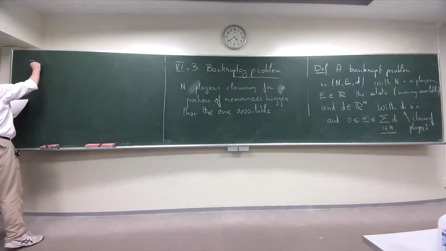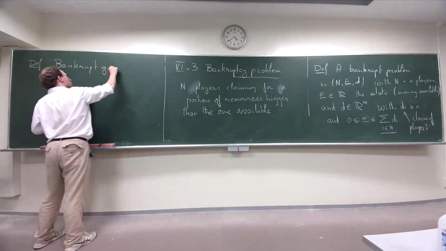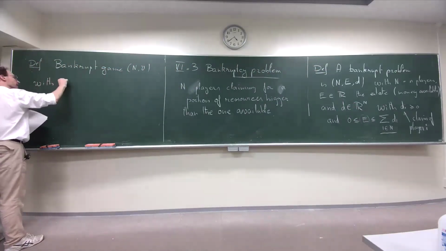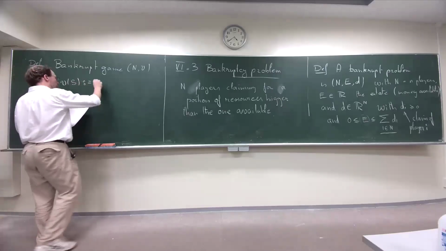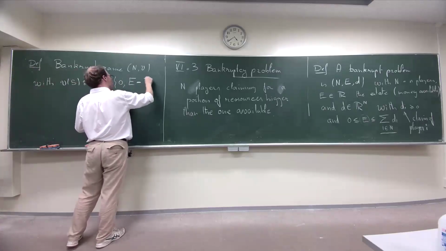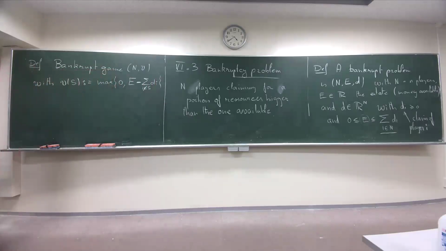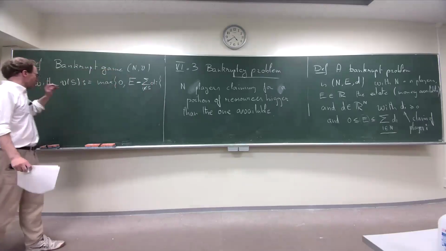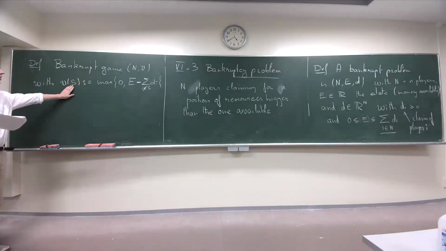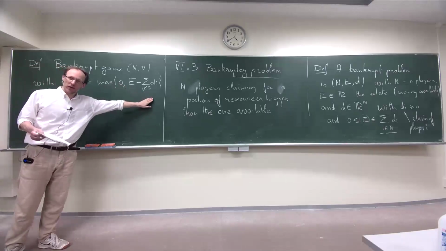So the bankruptcy game is of course just (N, v), and I need to say what v is. v of S I define as the maximum between 0 and E minus the sum of d_j over j not in S. I've written in the notes, it's a pessimistic approach, because coalition S would like to get E minus what has already been claimed by the others, the ones not in the coalition.